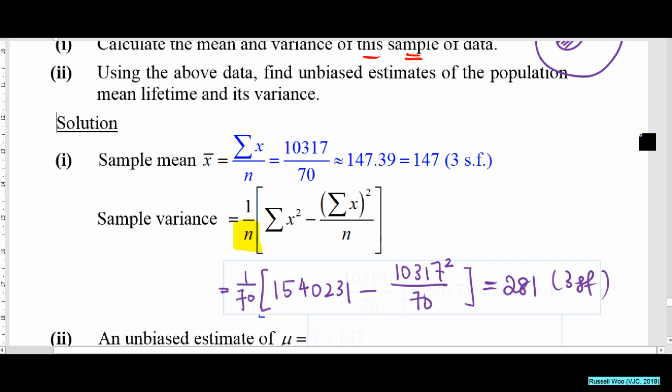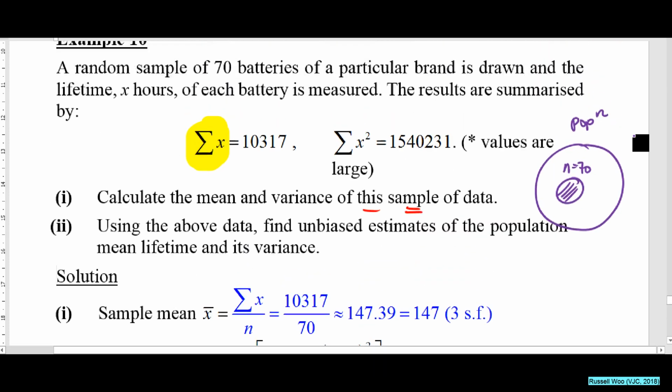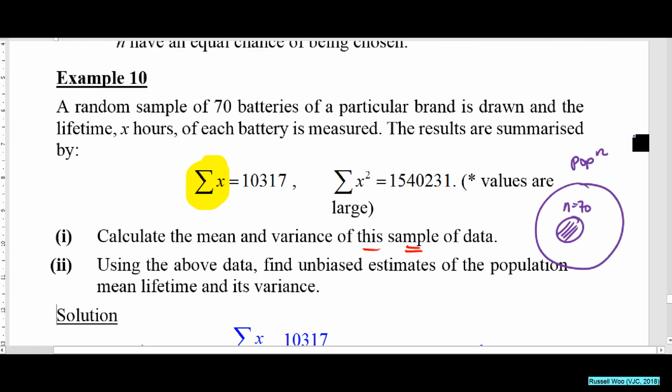Part 2. Using the above data, find unbiased estimates of the population mean time and its variance. Unbiased estimates of the population mean. So this time, let's take a look at this diagram very clearly. Now we have found the mean of this, we have found the variance of this. Now they want us to find the unbiased estimates of the population mean.